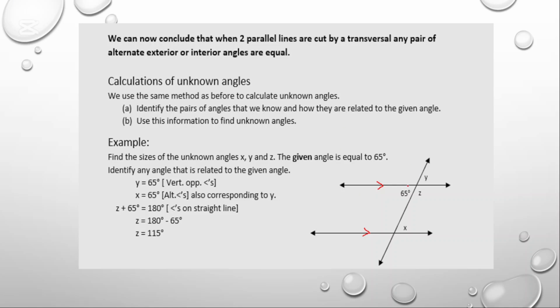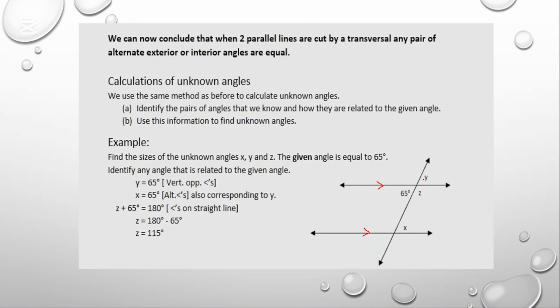And we ask, 65 degrees and angle Y, do they form a pair? Yes. 65 degrees and Z, do they form a pair? Yes. 65 degrees and X, do they form a pair? Yes. So you can actually start with any one of these three angles marked with the letters.